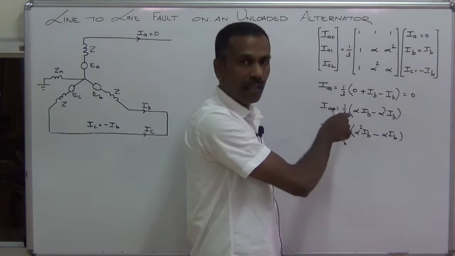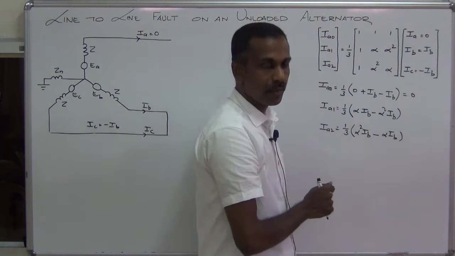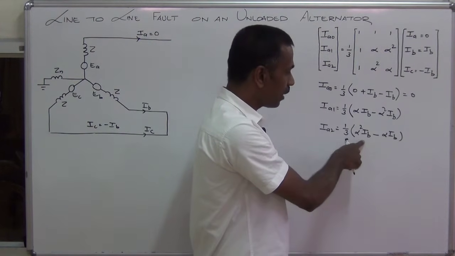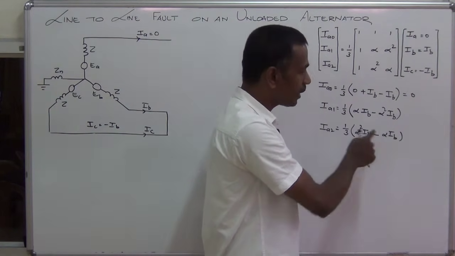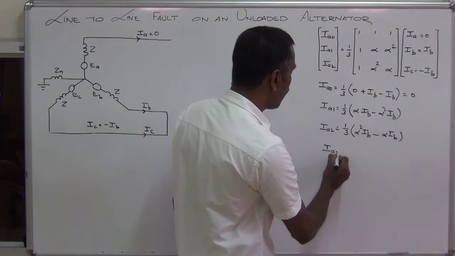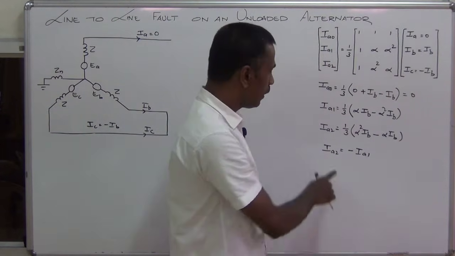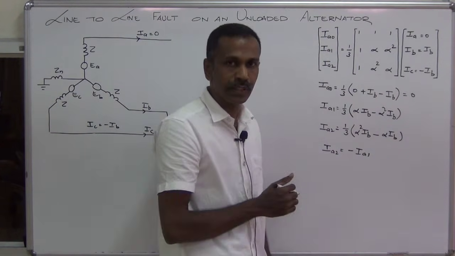Here in IA1, it is alpha IB minus alpha square IB, whereas in IA2, it is alpha square IB minus alpha IB. So we can write IA2 equals minus IA1. These two currents are opposite each other.